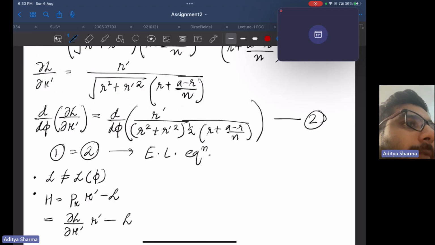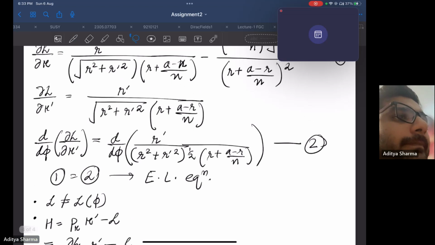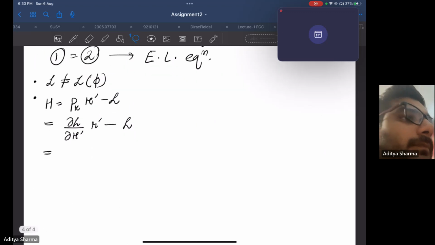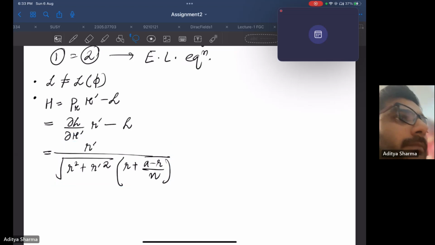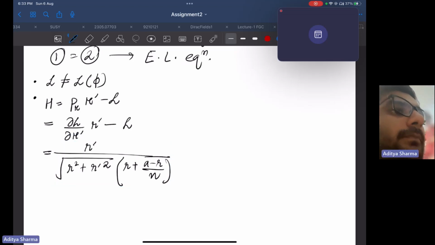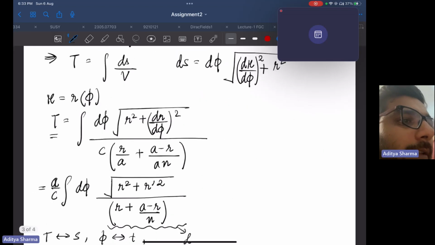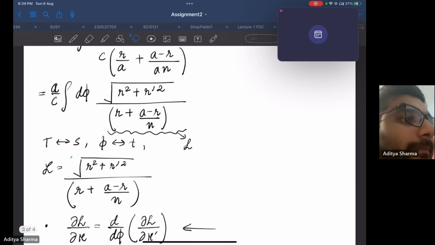Dou L by dou r prime is nothing but this quantity here, times r prime, minus L. L is this quantity here.